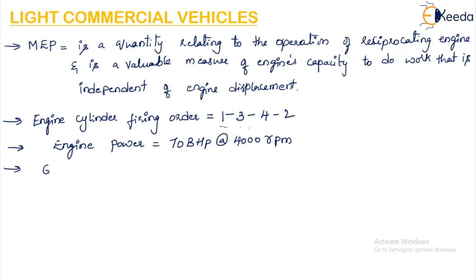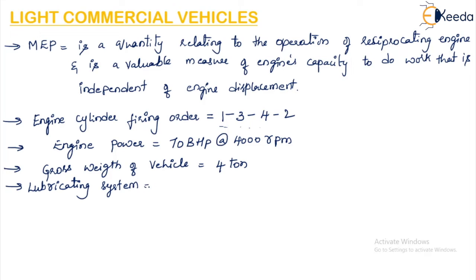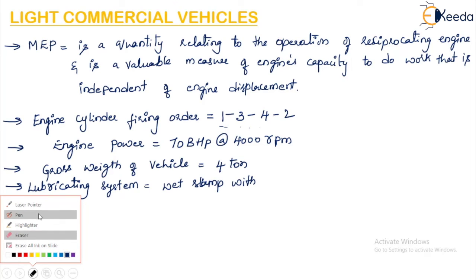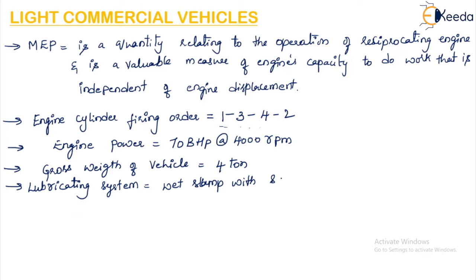Then the gross weight of this vehicle is 4 ton. Then what is the lubricating system used? The lubricating system is wet sump with splash. It is almost the same for all the vehicles. Till now all the lubricating systems which I have seen are almost the same.